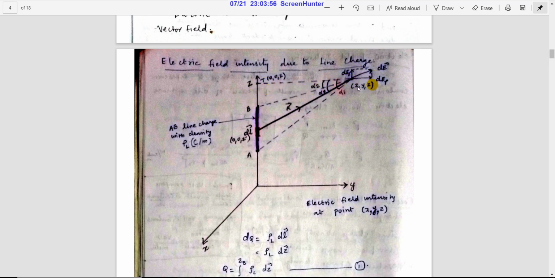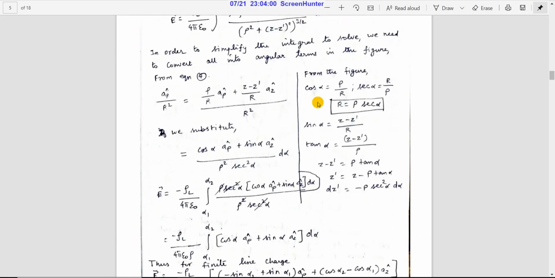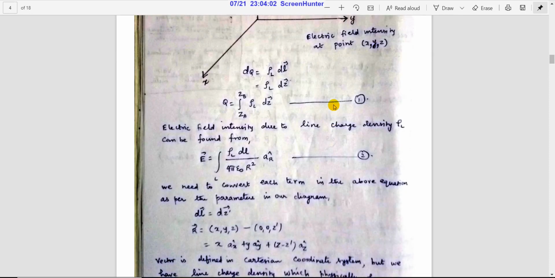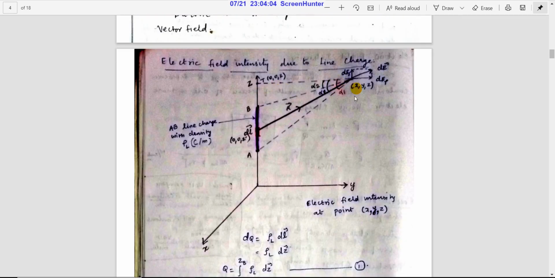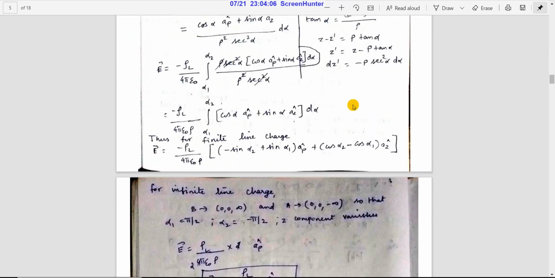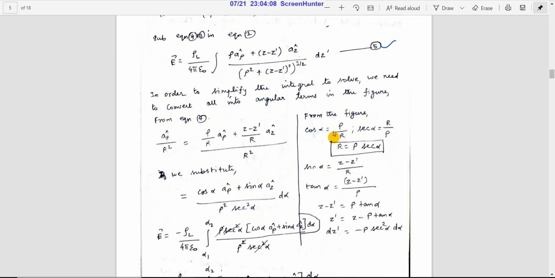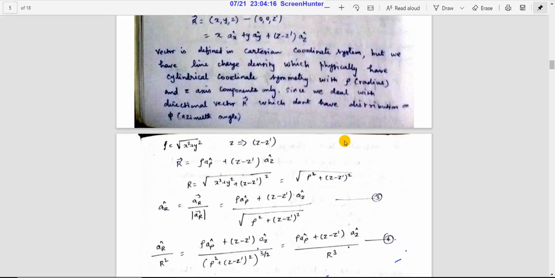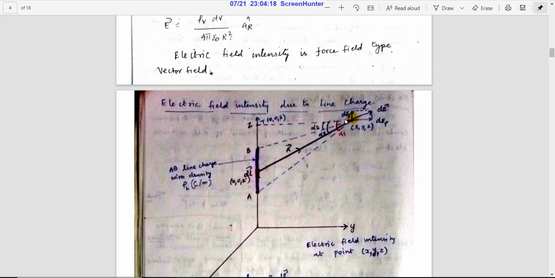We can find out what is cos alpha. So this is the angle alpha. What is cos alpha? Cos alpha is adjacent side by hypotenuse. The adjacent side is this particular length. This length is called rho because that is the cylindrical term.